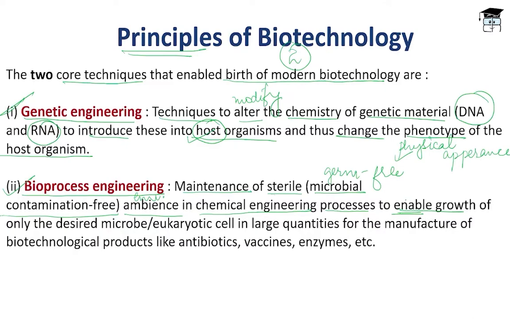Enable, that means we're allowing the growth of what? Only desired microbes or eukaryotic cells in large quantities for the manufacture or production of biotechnological products like antibiotics, vaccines, enzymes, etc. In simpler words, what is bioprocess engineering?